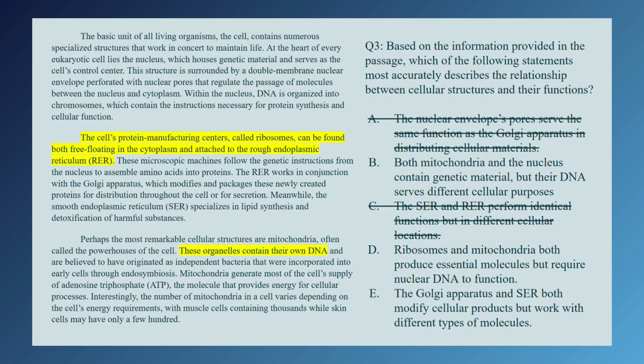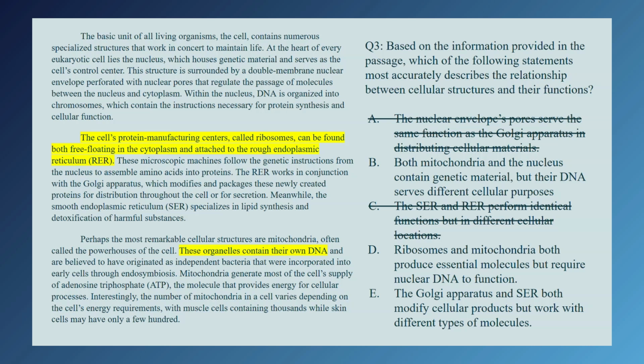D: Ribosomes and mitochondria both produce essential molecules but require nuclear DNA to function. We know that the mitochondria have their own DNA. Ribosomes, let's see. The cell's protein manufacturing centers, called ribosomes, can be found both free-floating in the cytoplasm and attached to the rough endoplasmic reticulum.